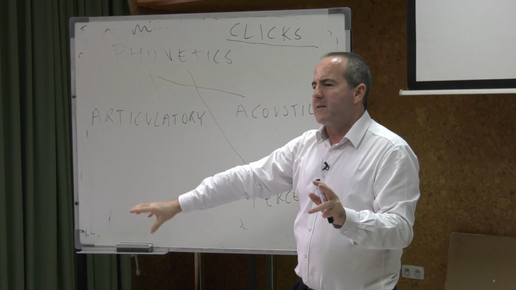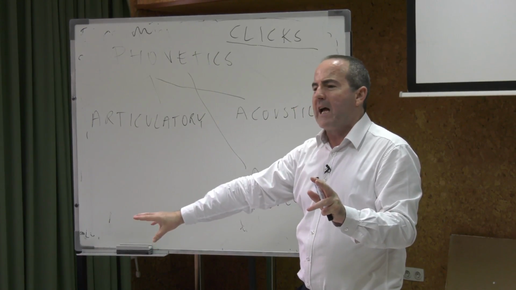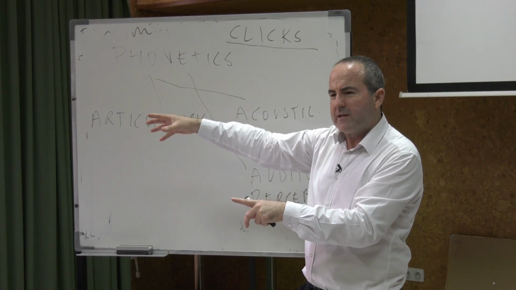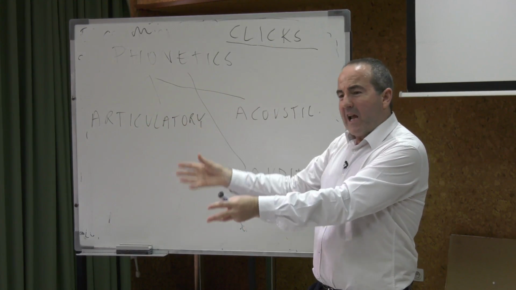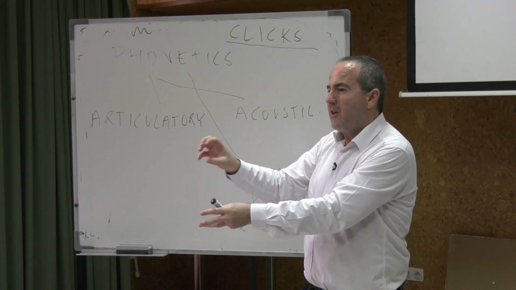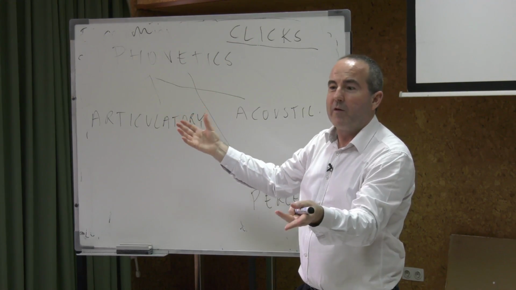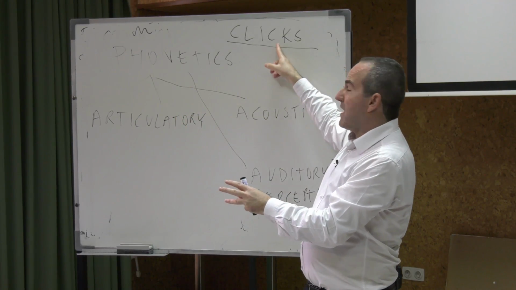Only some languages, Khoisan languages in South Africa and Bantu languages that probably have borrowed them from Khoisan languages, have these clicks. So only African languages, in the place where humans probably started their long journey to occupy the whole of the world, only these languages have clicks.